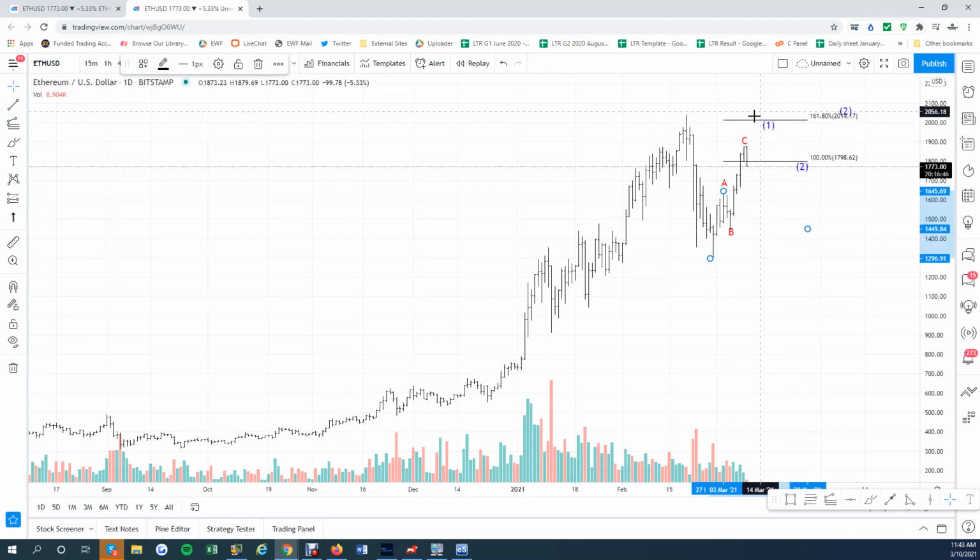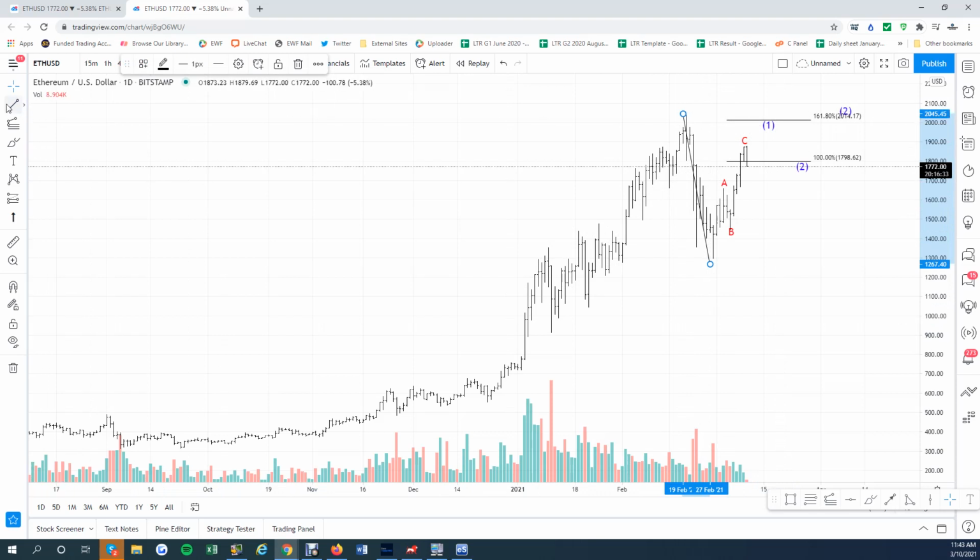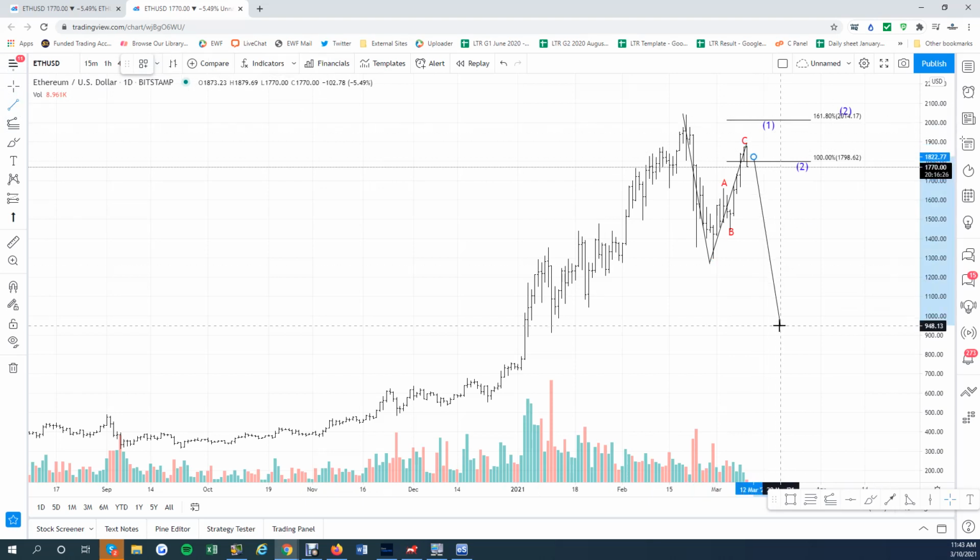At this point, we could technically be in an ABC here, and then from here we can go down and do a bigger pullback. Like this could be a W here, and then you have an X in the form of ABC, and then you sell off again like this, right?